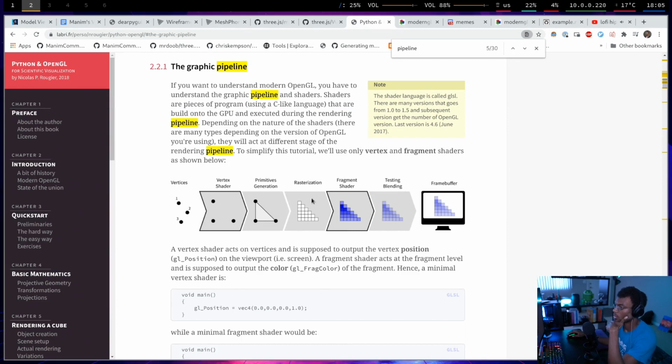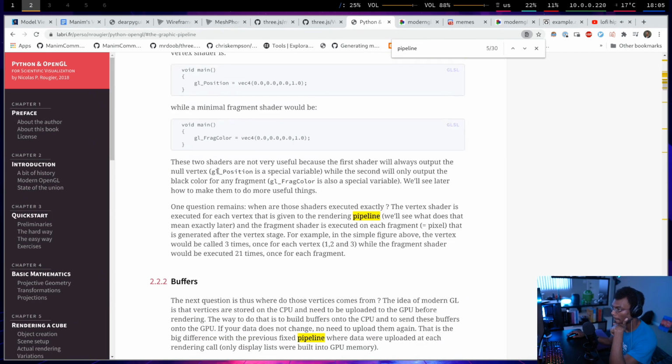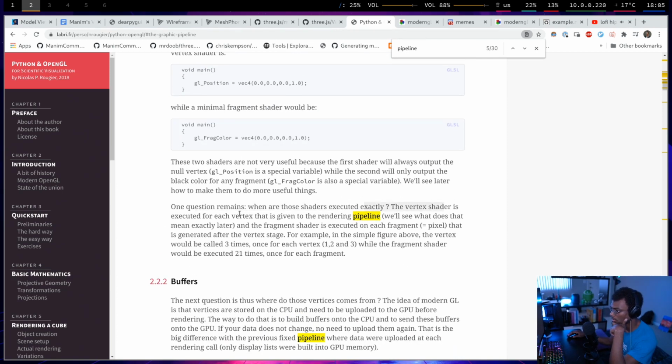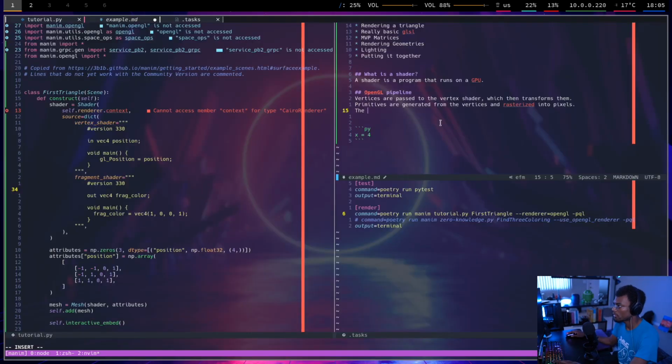I know it's not quite right to say the fragment shader acts on pixels. Fragments are slightly different from pixels. I wonder what it has to say on that. The vertex shader is executed for each vertex that is given into the rendering pipeline. That's actually a more precise way to say it.